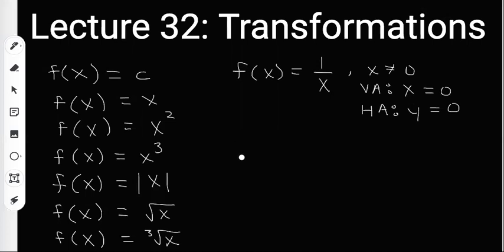All right, and the last 2 parent functions that we talked about were the exponential function, which is f of x equals a to the x power, where a is some constant, and a cannot equal 0.